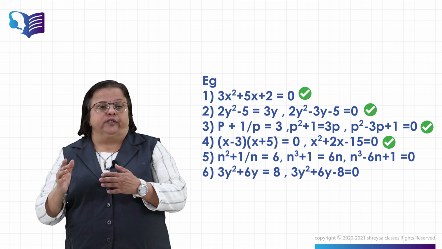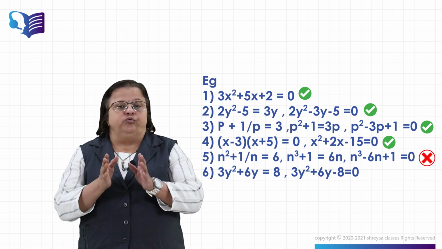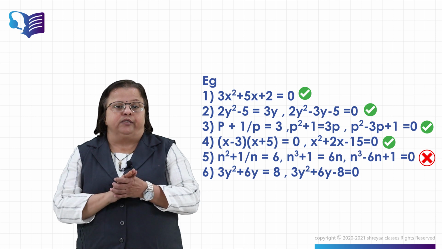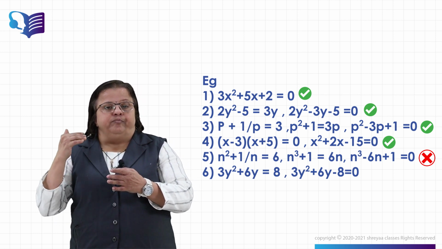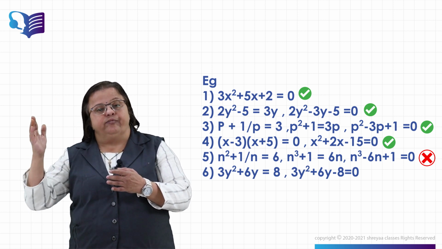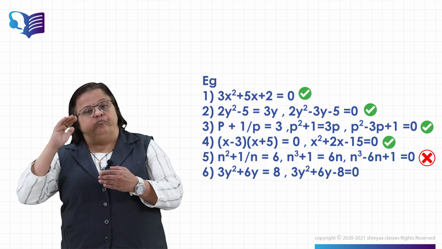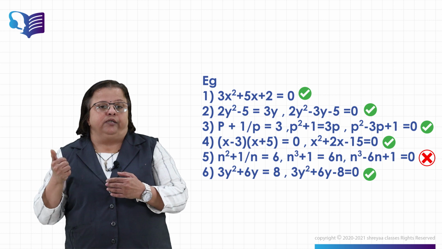Here you can clearly see that the power of the variable is more than 2, therefore it is not a quadratic equation. Then 3y square plus 6y is equal to 8. 3y square plus 6y minus 8 is equal to 0. It is a quadratic equation.